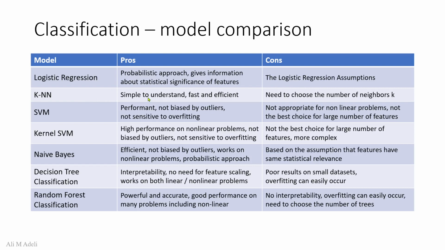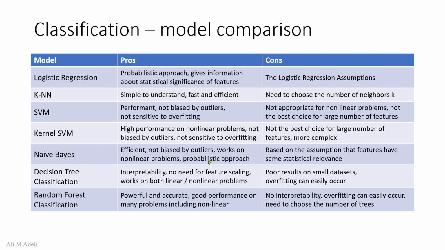K-nearest neighbor, as you saw, is pretty straightforward, simple to understand, and it's also a fast algorithm. But the caveat is you need to choose the number of neighbors, and it's going to change the performance of the algorithm. Naive Bayes is efficient, is not biased by outliers, and works on nonlinear problems.